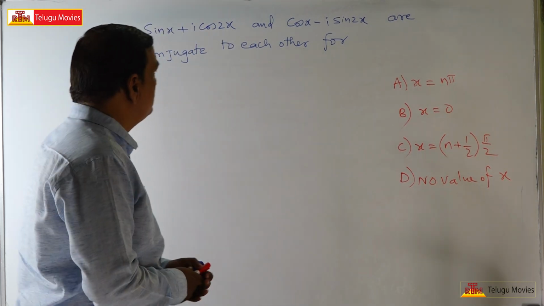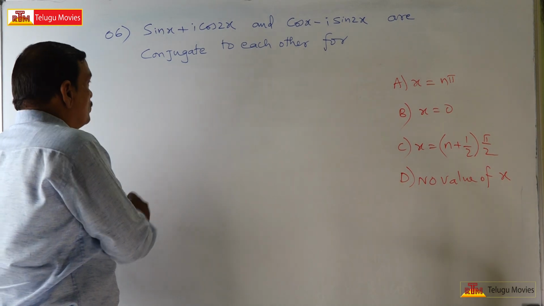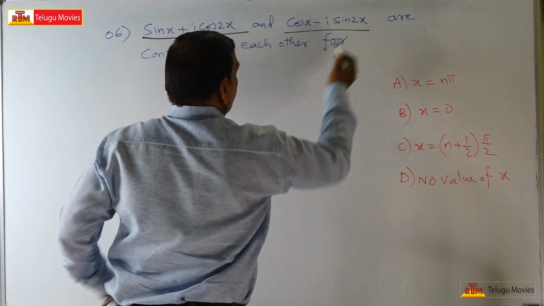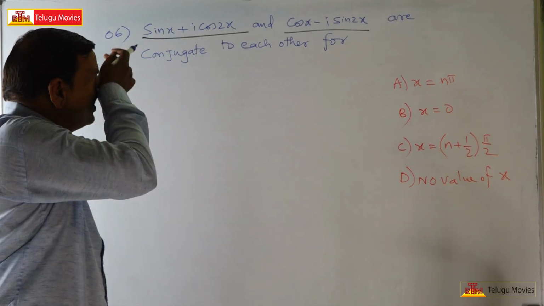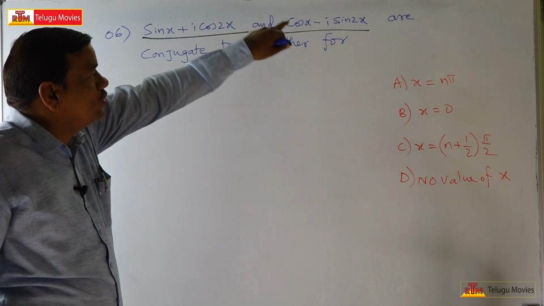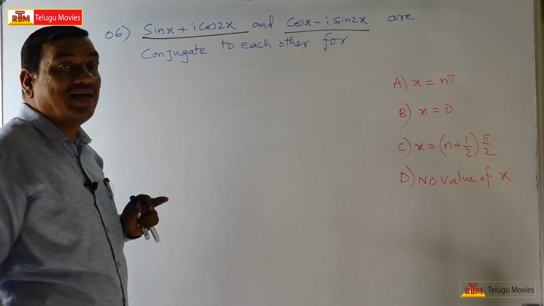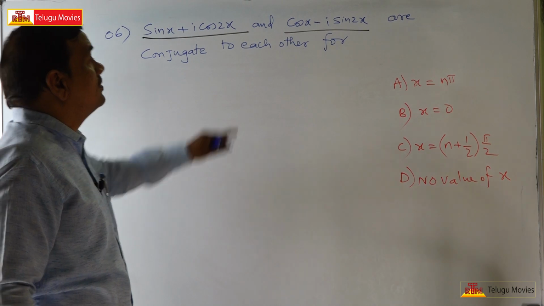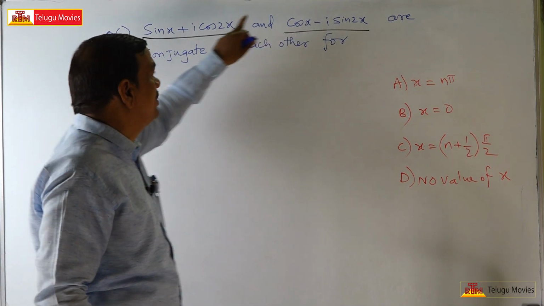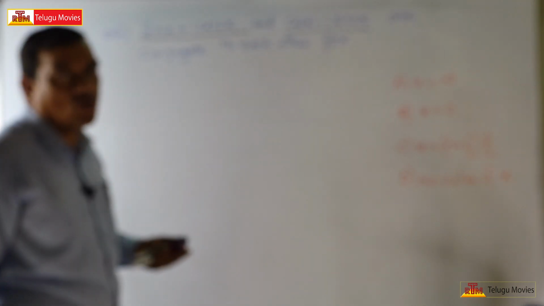Okay, now that means these two complex numbers are conjugate to each other. That means the conjugate of sin x plus i cos 2x is equal to cos x minus i sin 2x, or the conjugate of cos x minus iota sin 2x is equal to sin x plus i cos 2x.